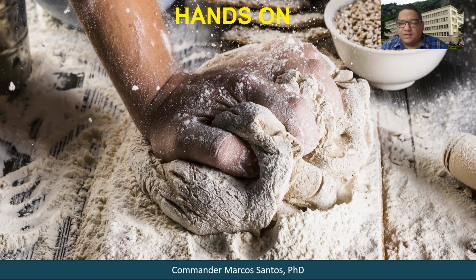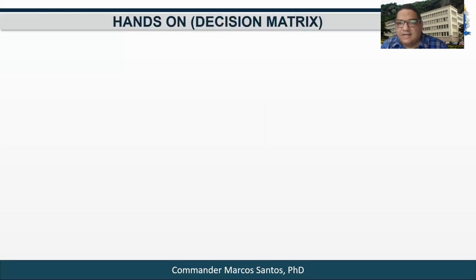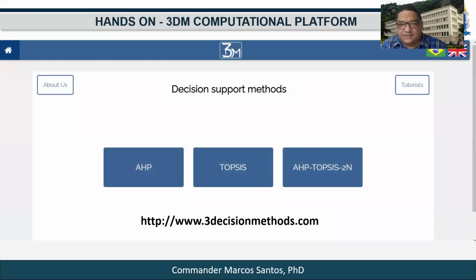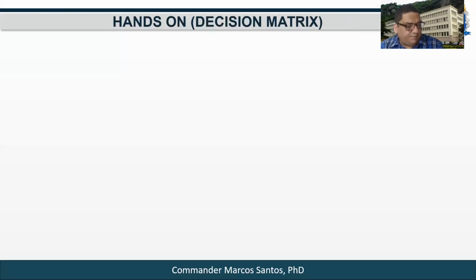It's impossible to learn about a method if we don't practice. So let's see our example. At first, let's construct a decision matrix.